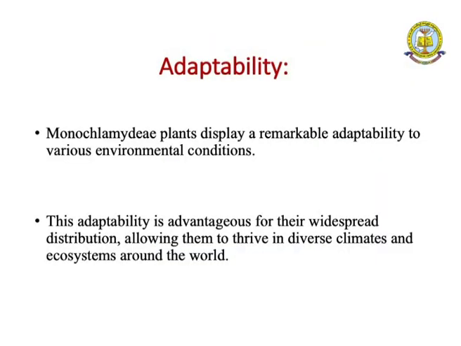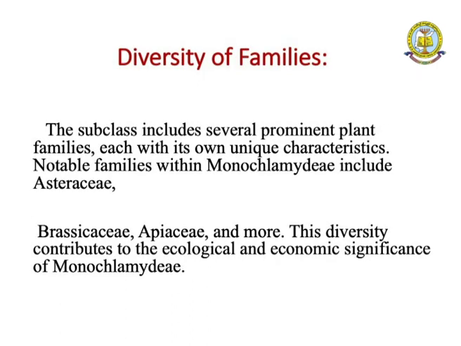So next, what is the main adaptability of Monochlamydeae? The plants display a remarkable adaptability to various environmental conditions. This adaptability allows their widespread distribution, letting them thrive in diverse climates and ecosystems around the world. So now you see the diversity of families.